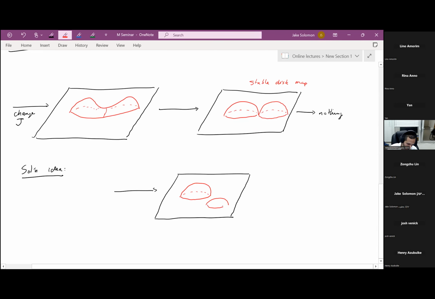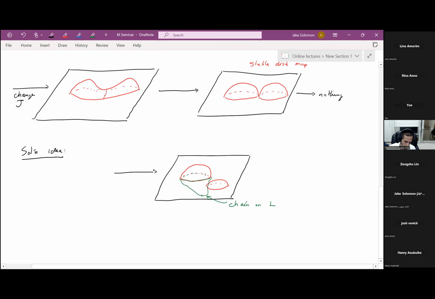So these disks, at some point, intersect at a nodal point, and they can just move apart. Then you have to keep track of the fact that once upon a time they were together, and you do that by keeping track of some chain on L, whose boundary is the boundary of, say, one of the disks.